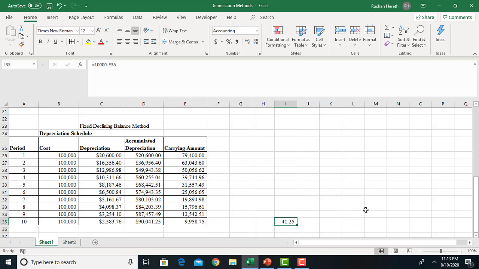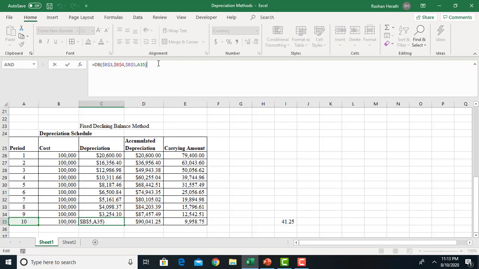It's due to the rounding, as we discussed, since we round the rate to 3 decimal places. So small differences could be witnessed. To overcome that, you can decrease the depreciation by this 41.25. Then this becomes 10,000. Let's see. You may go to the final year depreciation and adjust it over there.